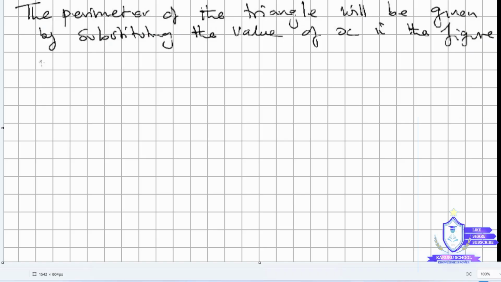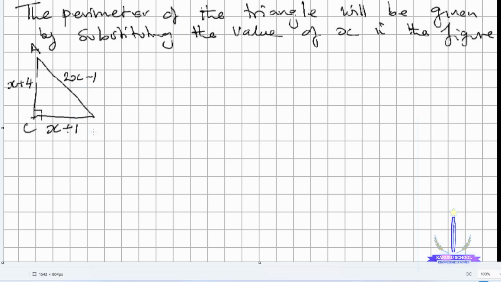So we have a triangle. So this is the right angled triangle. We have x plus 1. We have 2x minus 1. And we have x plus 4. This is A. This is C. And this one is B.